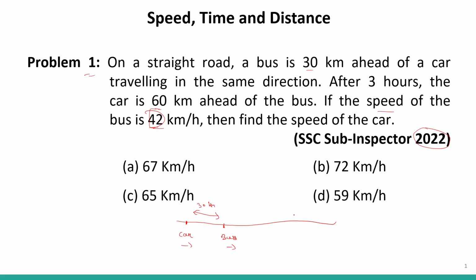So after 3 hours the car is 60 km ahead of the bus. Let's say the bus is here and still moving forward, and the car is moving forward, but their distance is 60 km apart. So the car has overtaken the bus. The speed of the bus is 42 km per hour, so in this patch of the road it took 3 hours for the bus to travel from this to this.